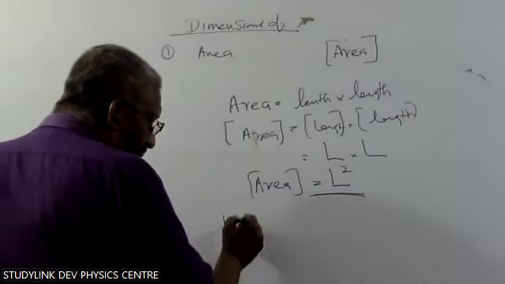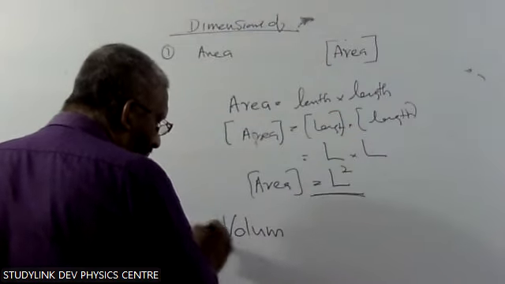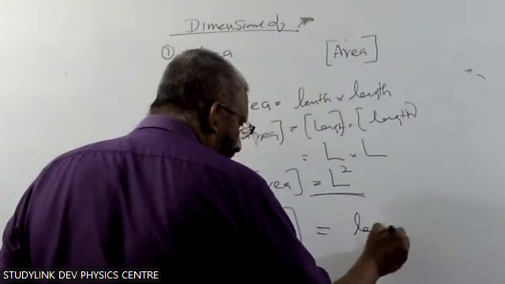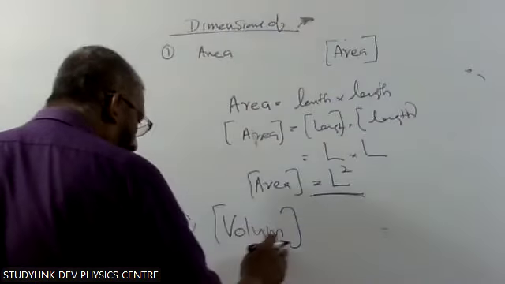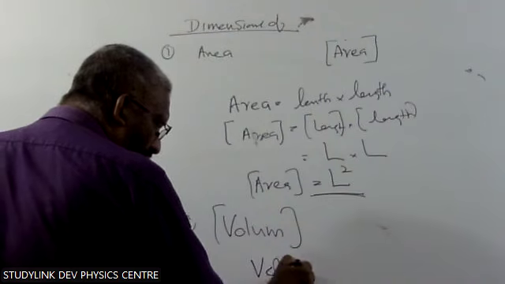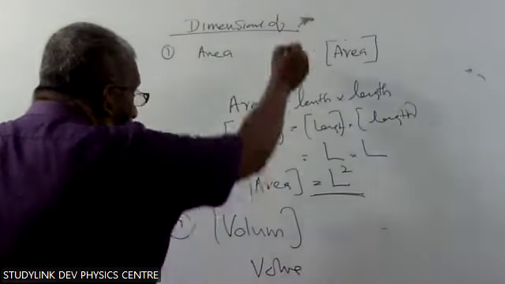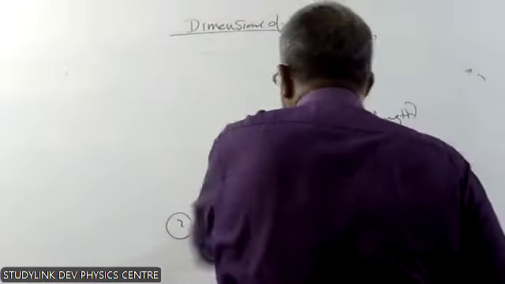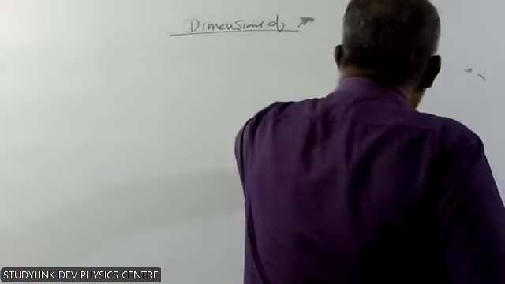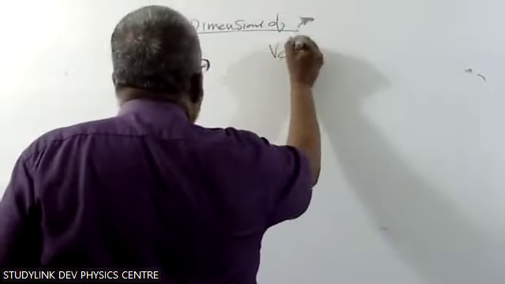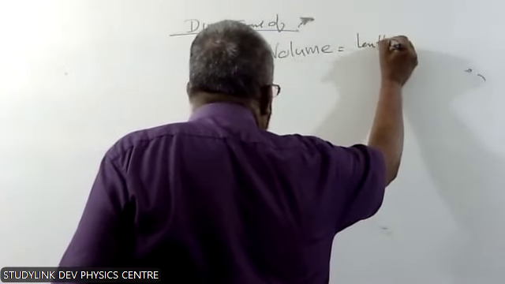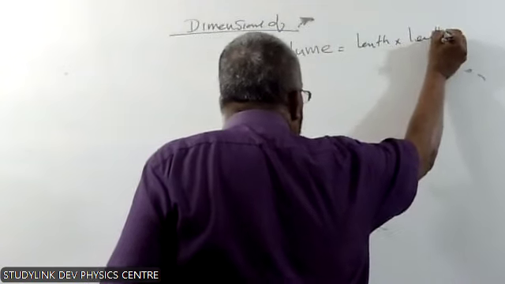Volume. So volume, second one, the dimensions of volume. I'll write it there because you can't see. Volume is equal to length into length into length.